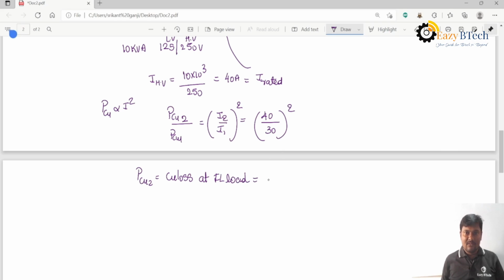It is equal to 40 by 30 whole square into copper loss 1, that is at 30 amperes, which is given in the test as 100. So finally the copper loss at full load, or 40 amperes, should be equal to 177.78 watts.